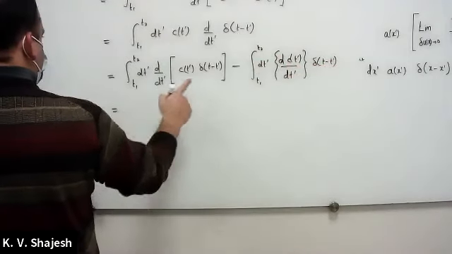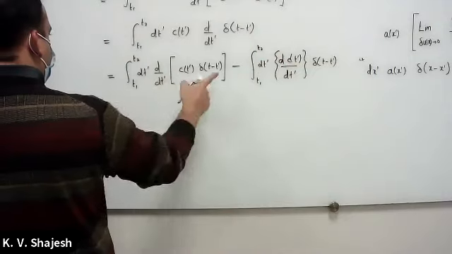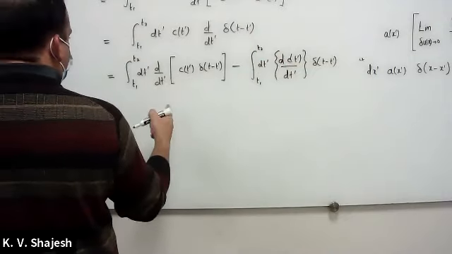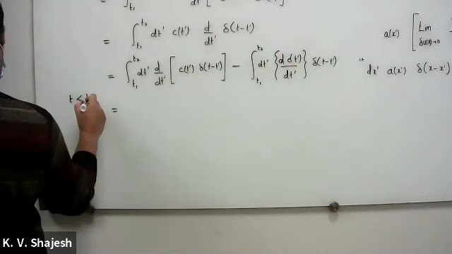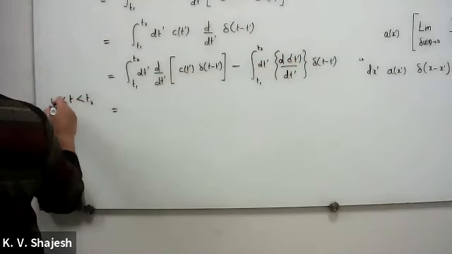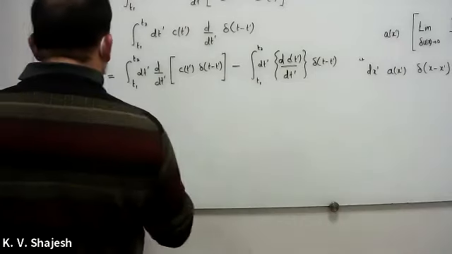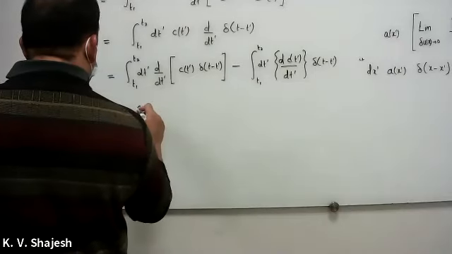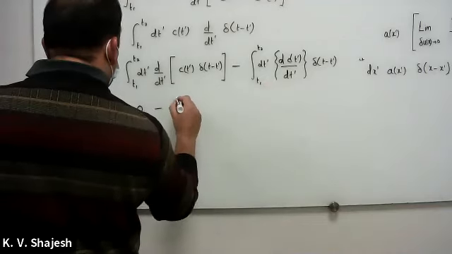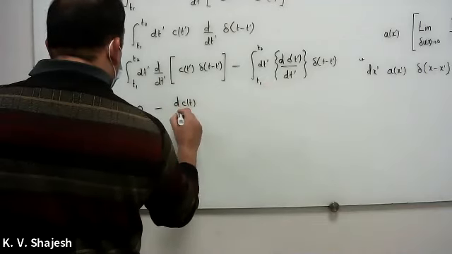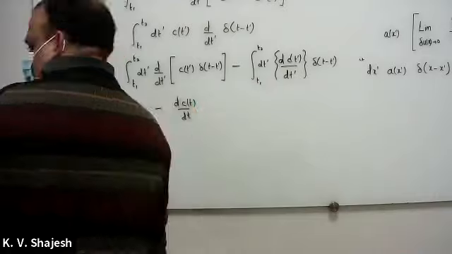You're saying that if t is greater than t1 and less than t2, then this is 0 minus, of this we know, t. Does that help? Thank you.